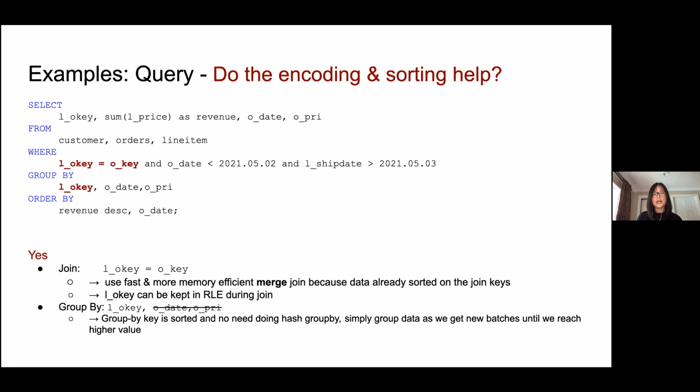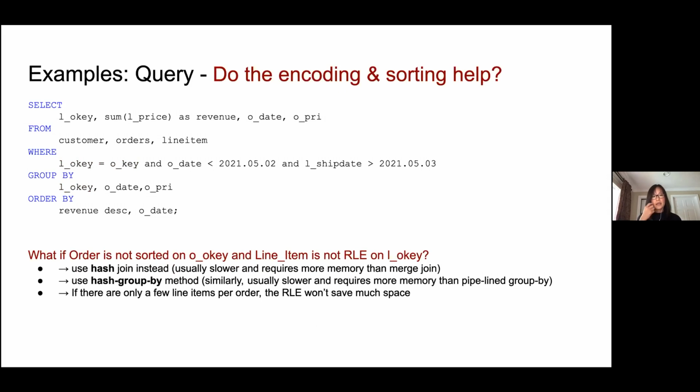So we just use that and keep the data encoded. And through the example, I can point out that if you don't have a lot of line items in the same order, then the run length encoding won't have much benefit. That means run length encoding won't help on the unique values. It should be on the values that repeat a lot.